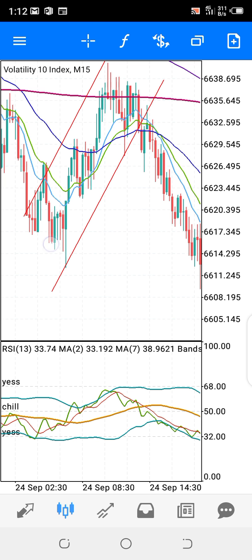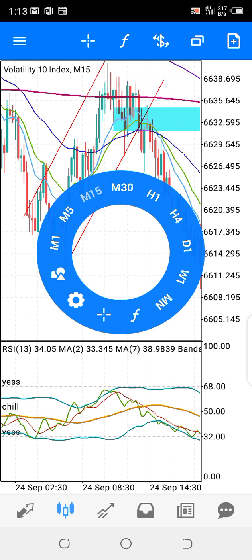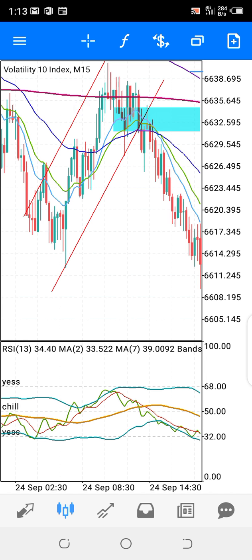Then let me draw my order block. Here it is. In this case, the wick downward is not important, and upward is very important. Then in any case, if it's too wide, I divide it by 2, almost half, then that becomes my entry point. Okay, so I wait for a candlestick to close below the order block.